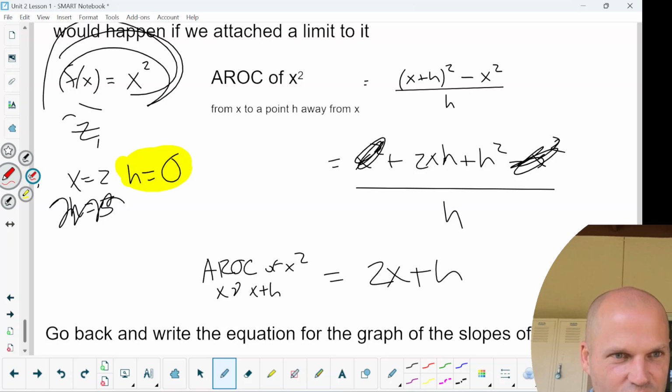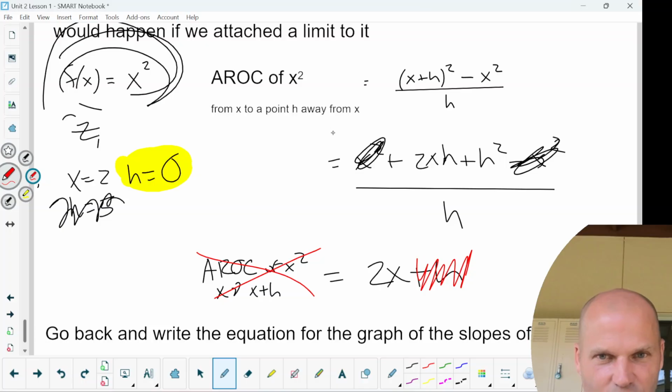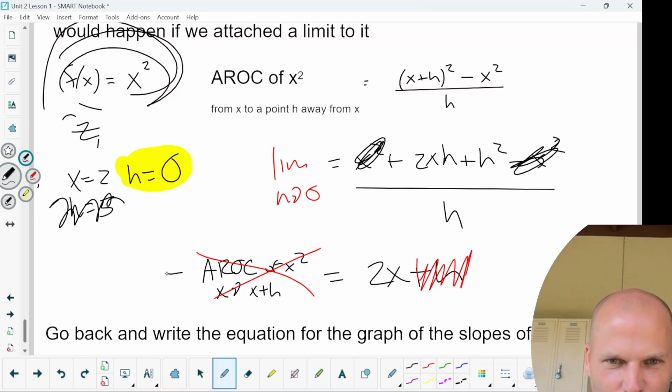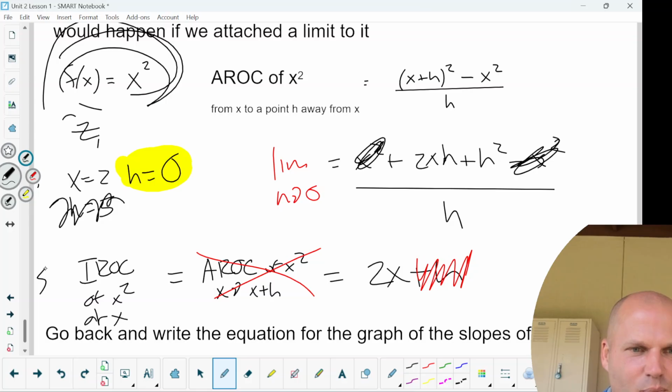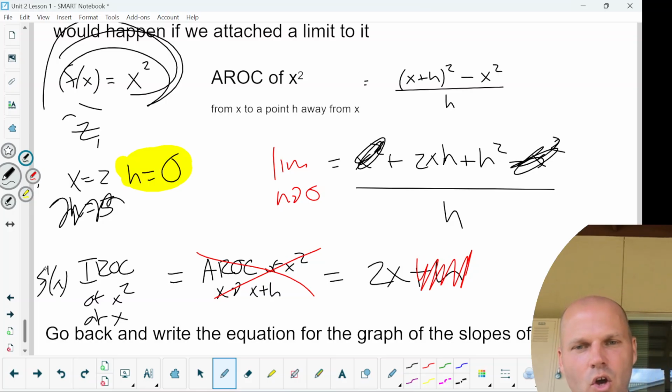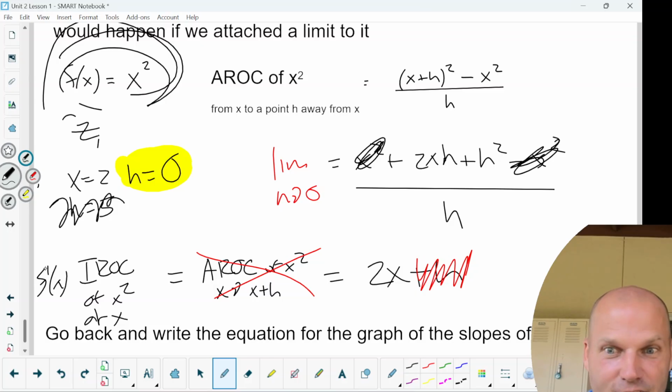Well, if I take the limit as h approaches 0 of this expression, I now have an equation for the instantaneous rate of change at x. I have f prime at x. H is gone. We have no distance. The distance approaching 0. Okay, h is 0.